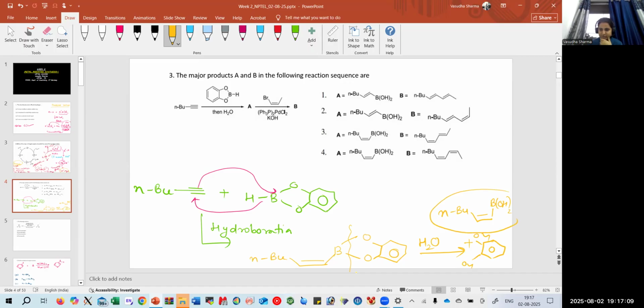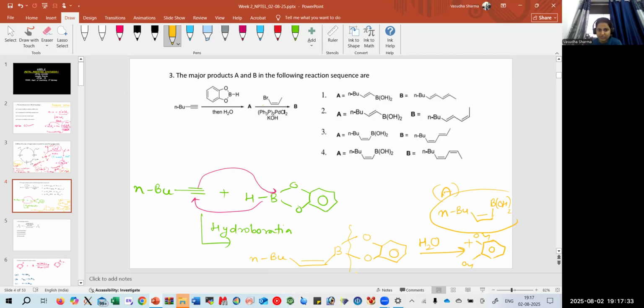So this is your product A. Out of all these options, the third and fourth can be the correct one because it is going to retain its symmetry. So it will form an E isomer, followed by a coupling reaction where it will connect with your aryl bromide, alkenyl bromide, in the presence of the palladium catalyst.